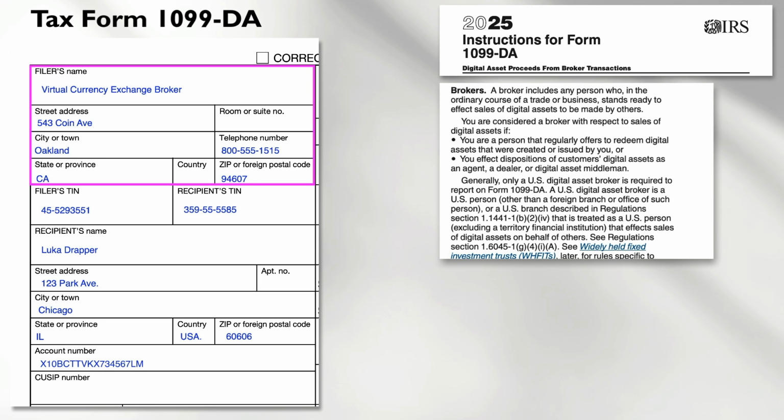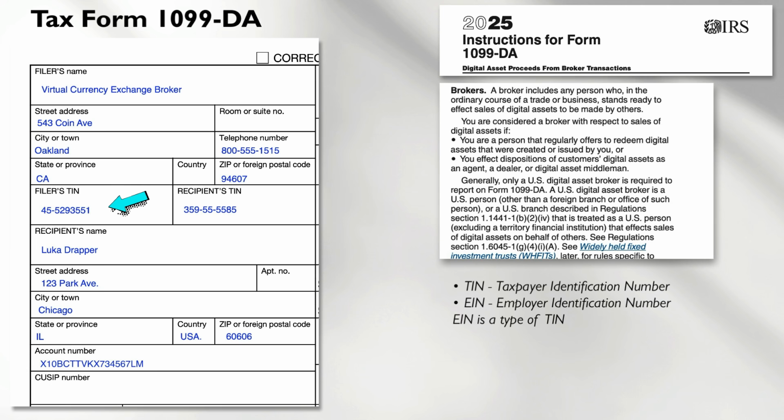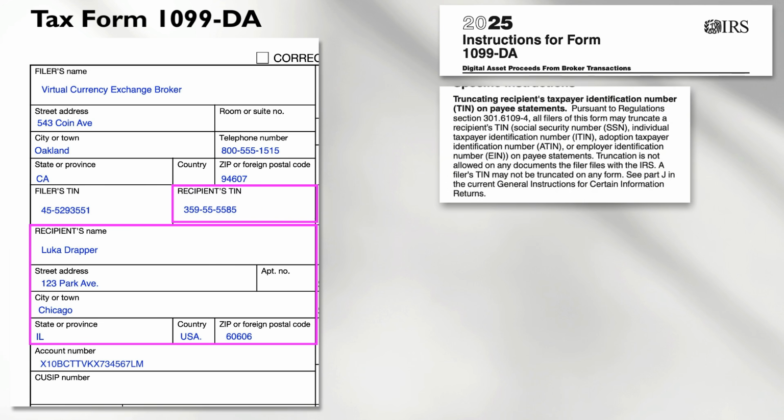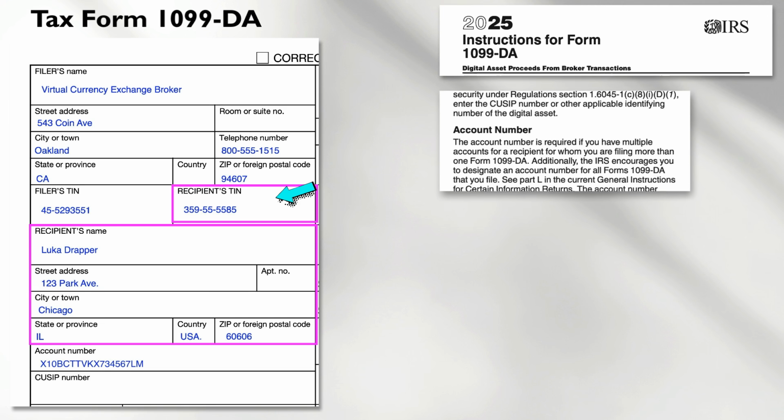At the top left, you will see the crypto broker's information, including the name, address, and taxpayer identification number, which for most companies is their EIN, Employer Identification Number. Below is the recipient's information. In this example, we have Luca Draper with his address and social security number.